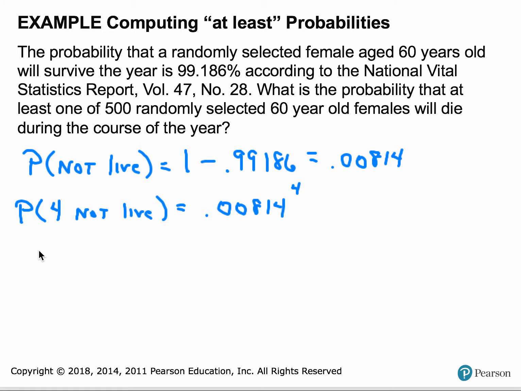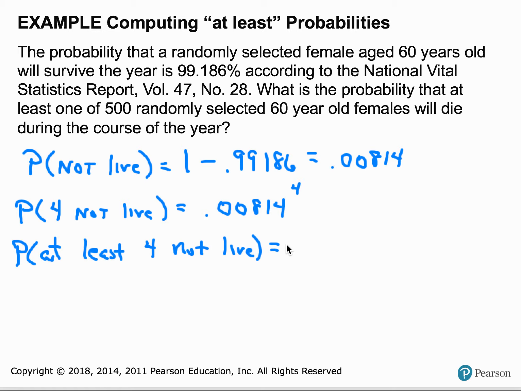So now let's look at, let's say, what's the probability that at least 4 do not live?